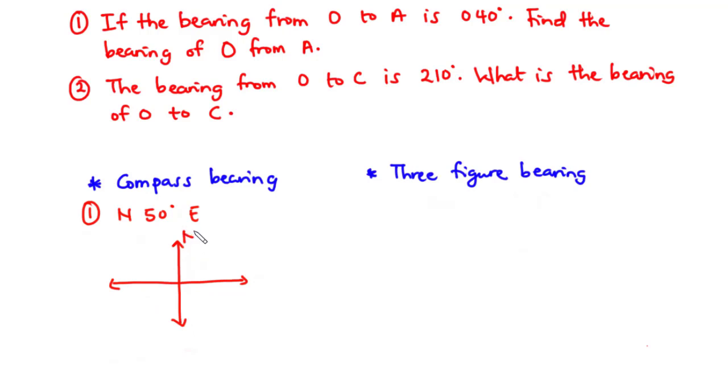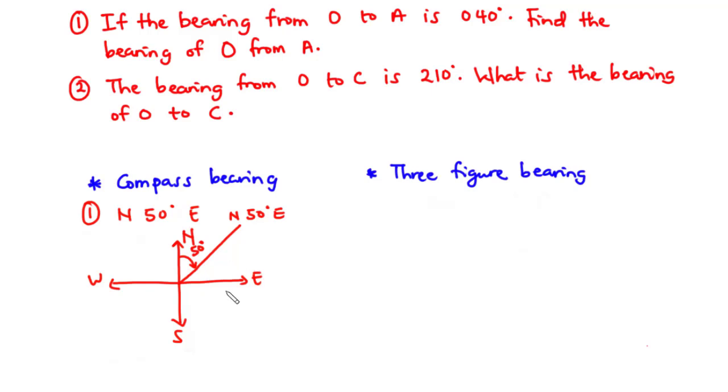You have the north, the east, the south, and the west. So north 50 degrees east means that we are going to take the measurement from the north 50 degrees to the east. So this is how to represent north 50 degrees east on the compass.